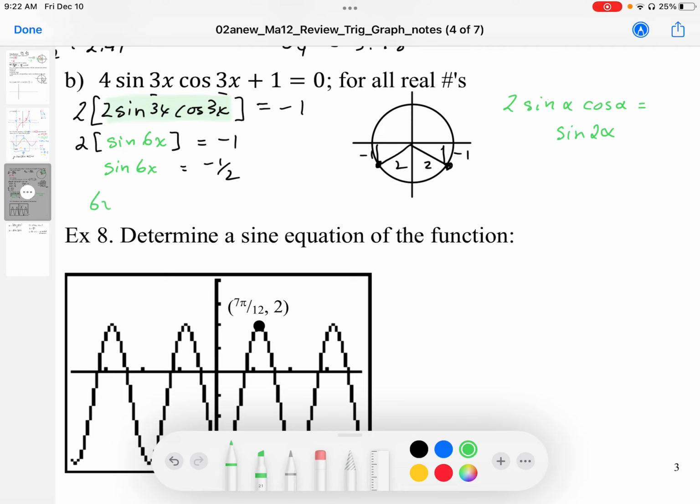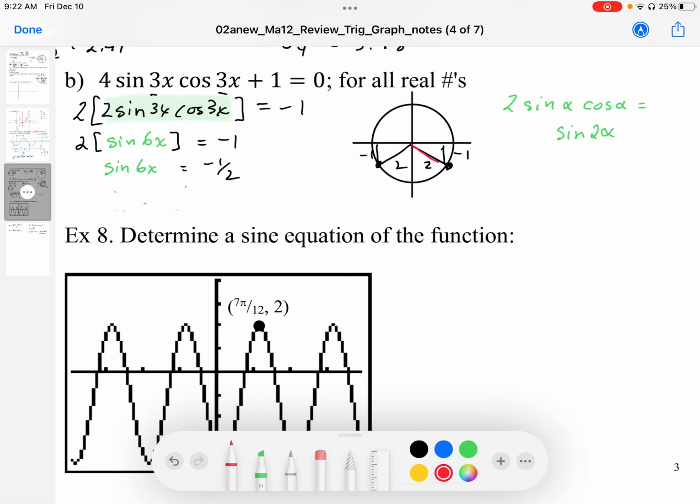So remember, I'm solving for 6x. One of them is going to be -pi over 6. Okay, and the other one, I'm going to call that theta 2. Maybe I'll do these in different colors here. Okay, so I'm just going to color code these.